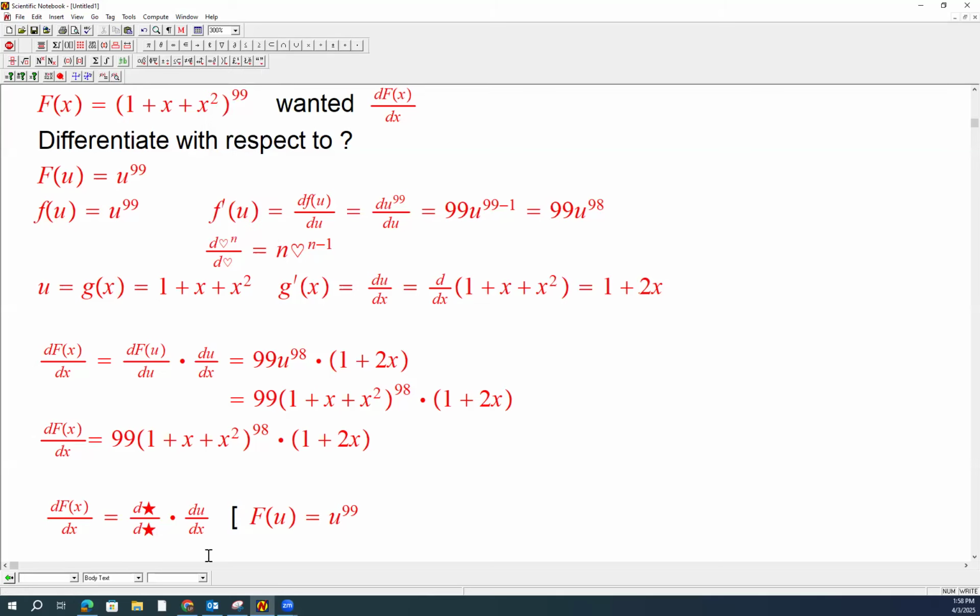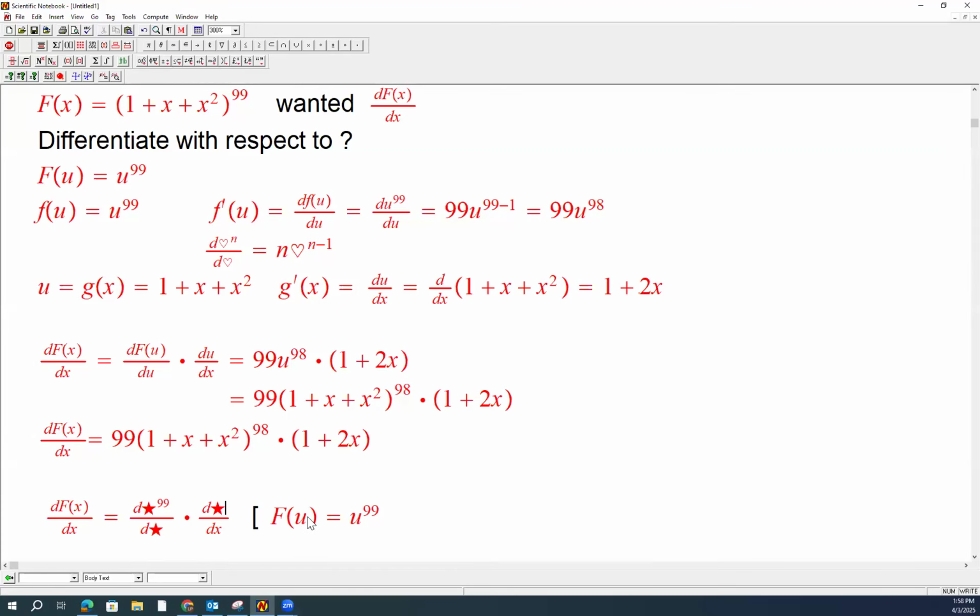You divide it by bologna to the power 99. And here, of course, u is going to be your bologna, with respect to x.